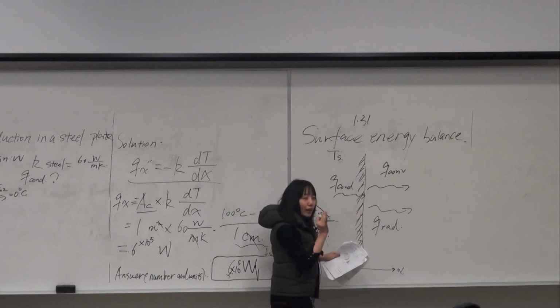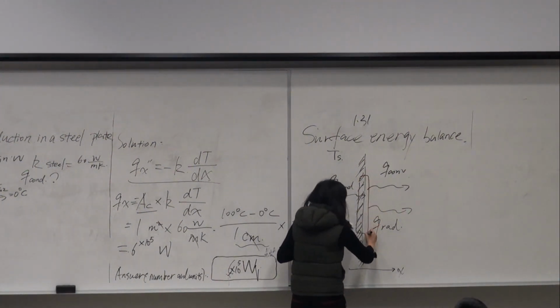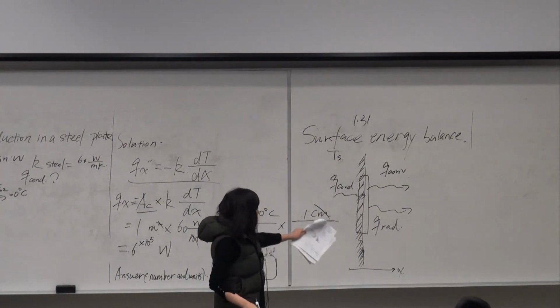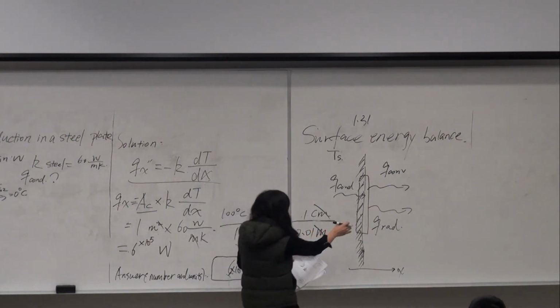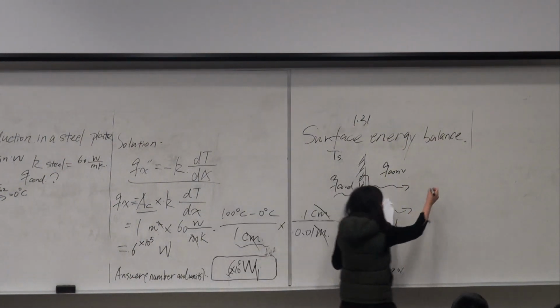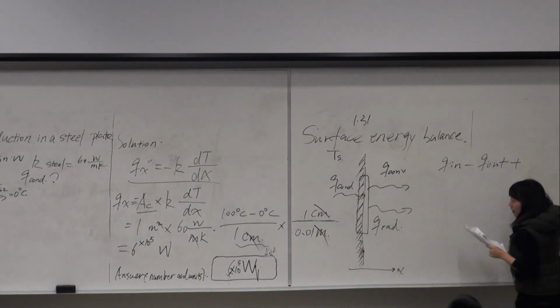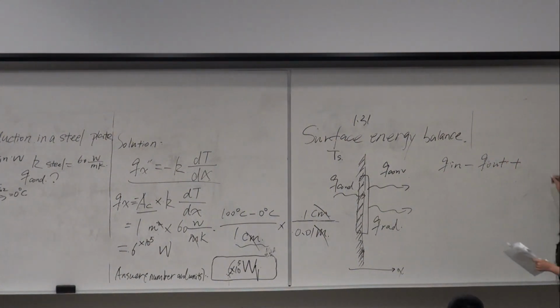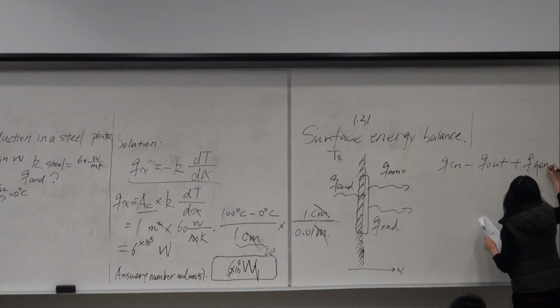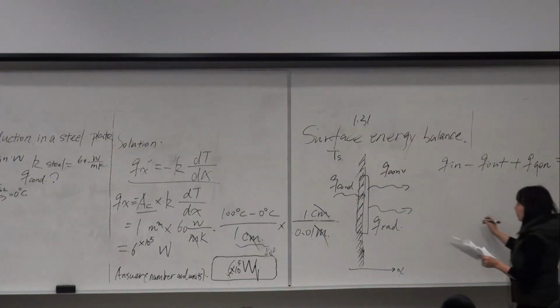So I pick a very thin layer exactly on the surface, on the surface interface, and establish our energy rate balance, which is Q in minus Q out plus Q generation equals the energy stored inside the control volume.